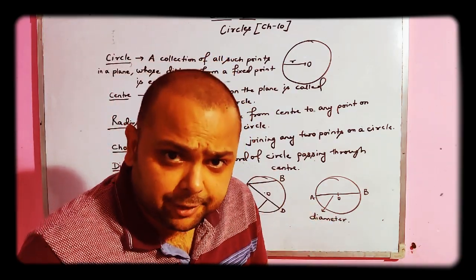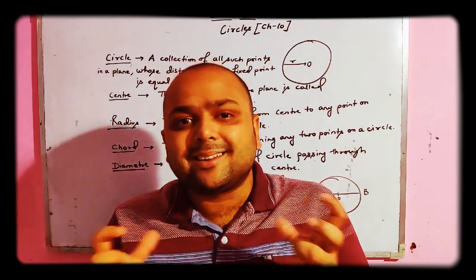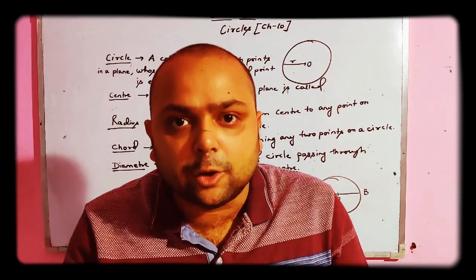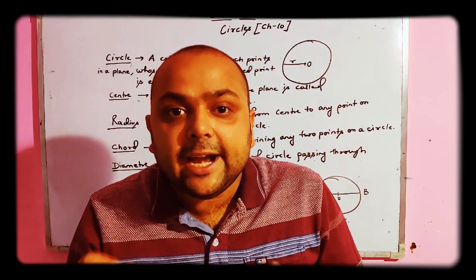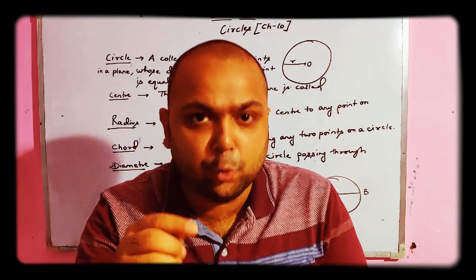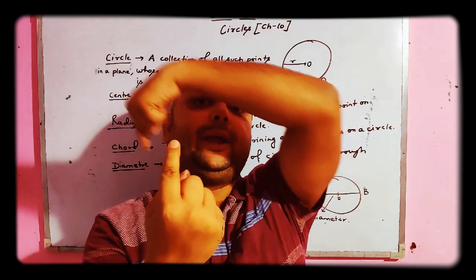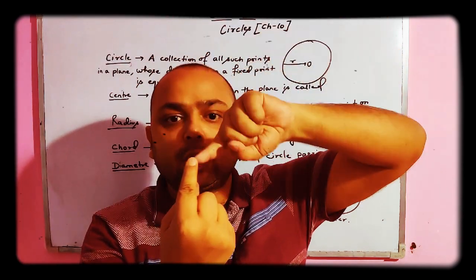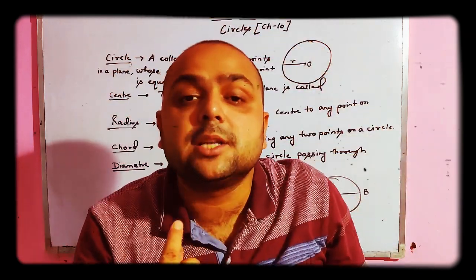What is a circle? The first question that comes to our mind. A circle is the collection of all those points in a plane which are at a constant distance from a fixed point. Suppose we have a fixed point. The collection of all those points which are at a constant distance from this point is called a circle.